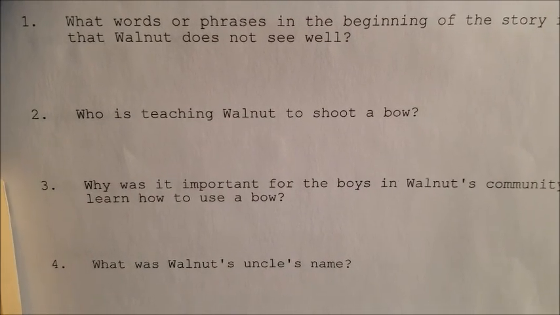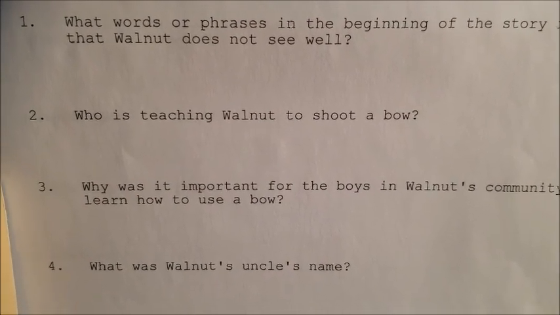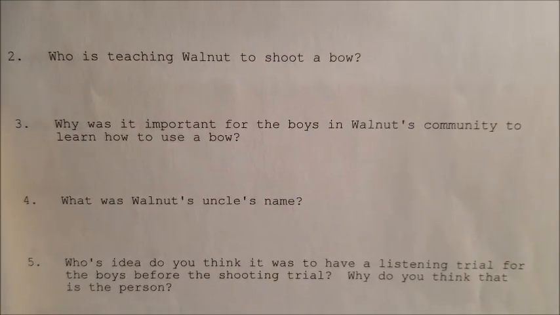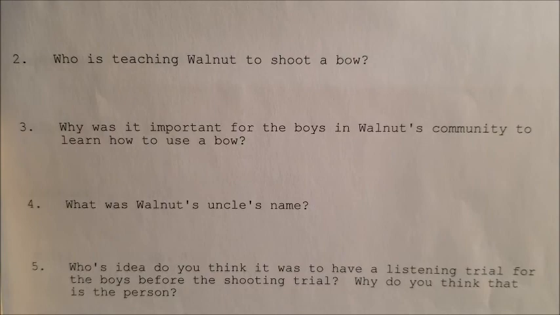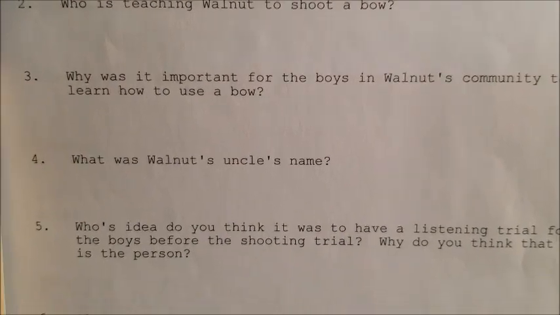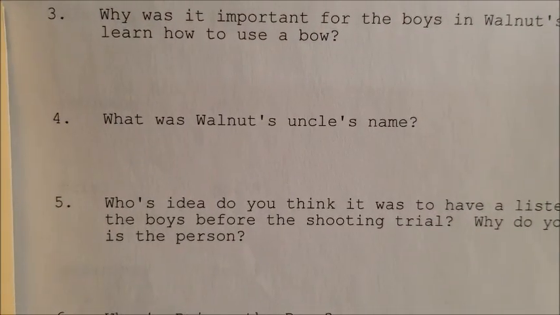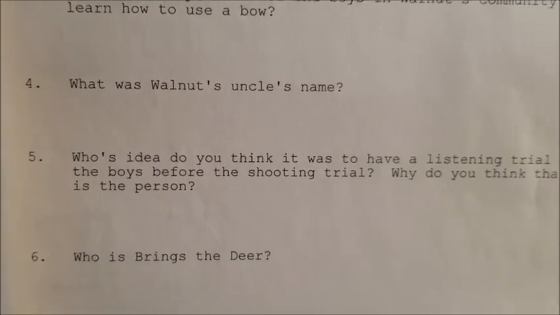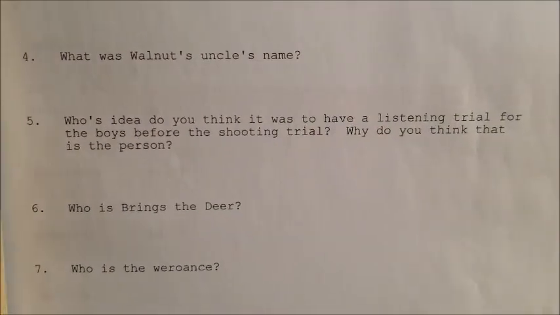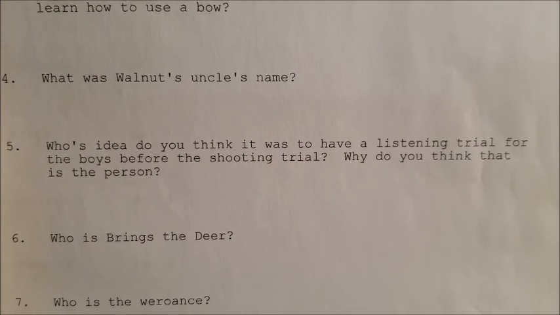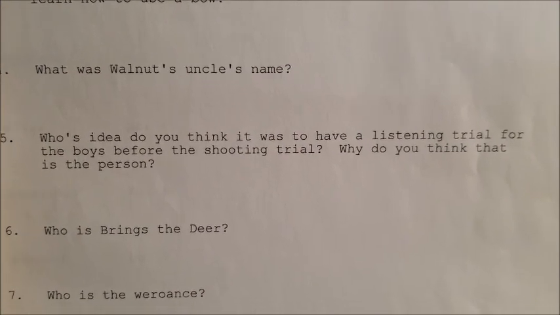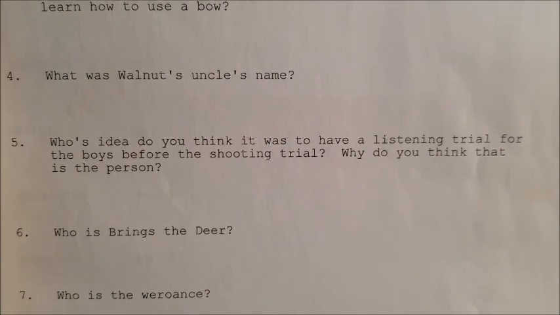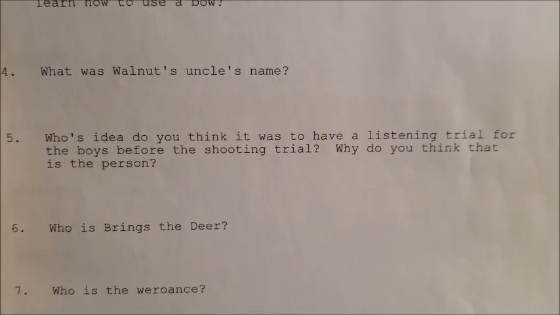Who is teaching Walnut to shoot a bow? Why was it important for the boys in Walnut's community to learn how to use a bow? What was Walnut's uncle's name? We covered that today. Here's a little bit longer of one. Whose idea do you think it was to have a listening trial for the boys before the shooting trial?